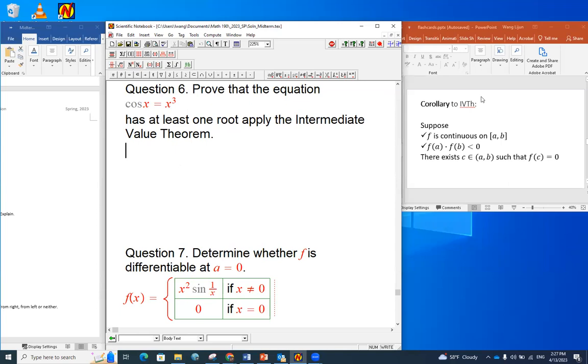So in this case, we need to create an interval because the interval is not given. But how do we create such an interval, right? We have to create a function, I have to create an interval, okay? So I'm going to think out loud.